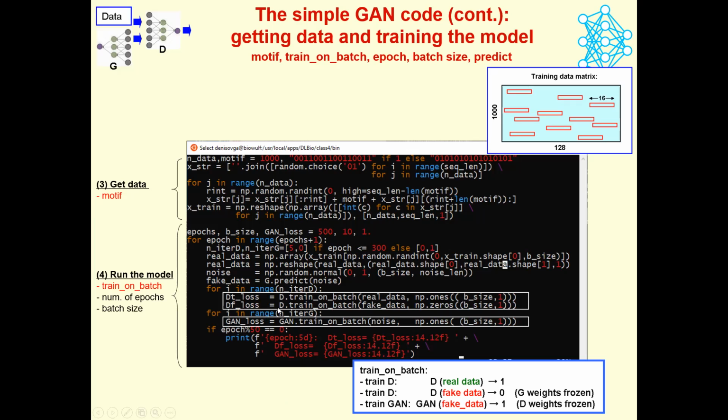The weights of the discriminator are frozen only when we train the GAN. But when we run the discriminator by itself, the weights are not frozen. If we return to the previous slide, let me go to the previous slide now.